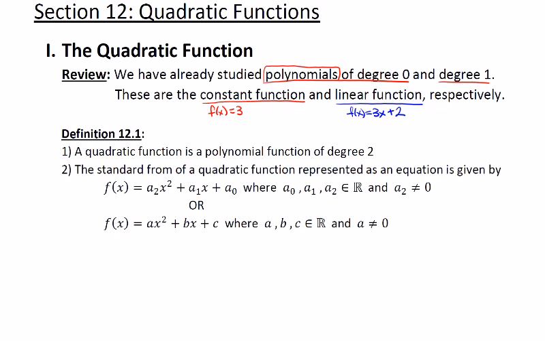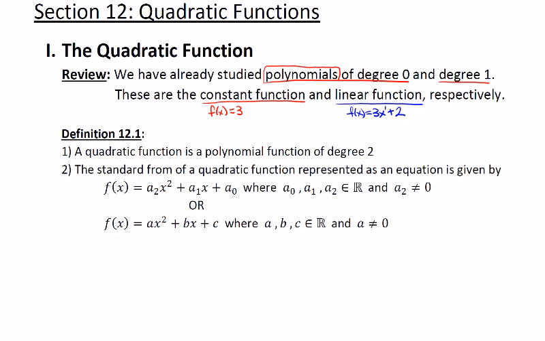So what makes these degree 0 and degree 1? Degree 1 for the linear function comes from the fact that the x has a power of just 1. On your constant, notice that you don't have any variable there whatsoever.